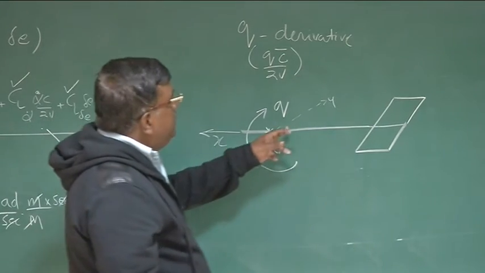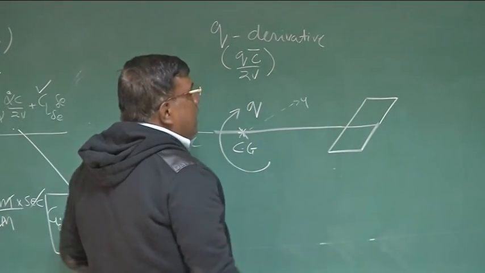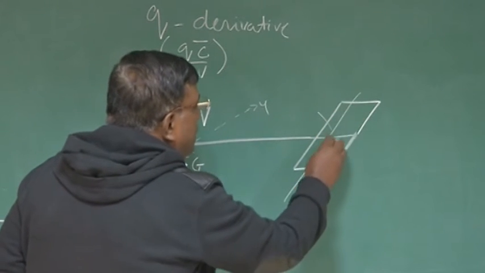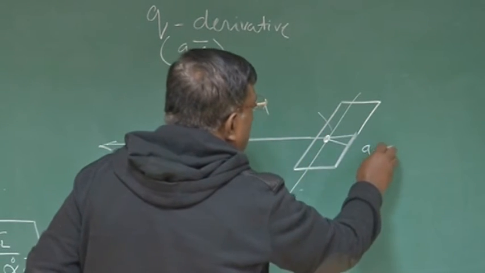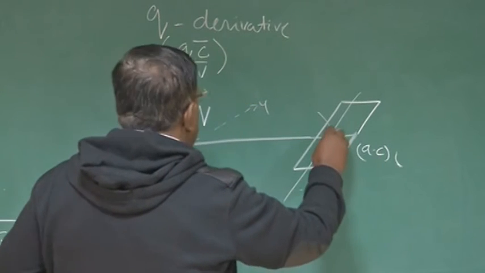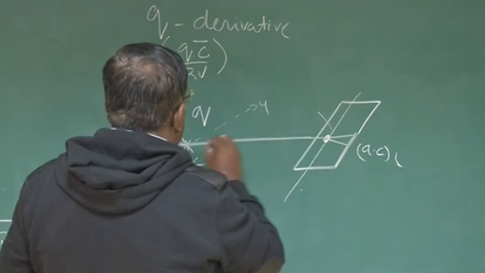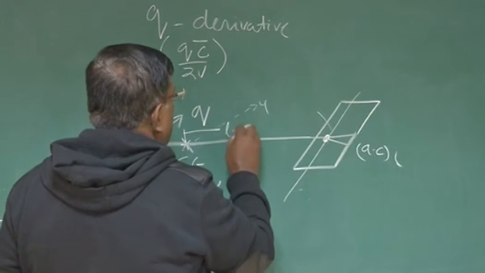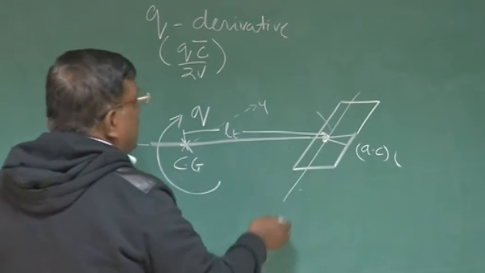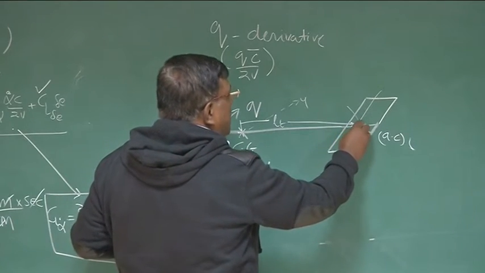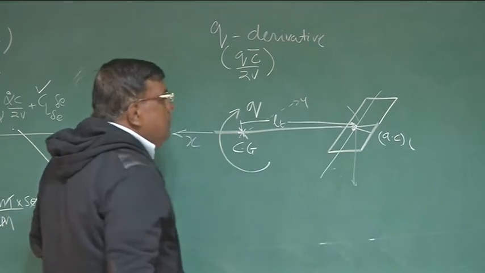Now the moment it rotates about Q, what happens? This tail goes down. Let's say the AC of this tail is somewhere here, and this length, you know by now, is LT. If this is going with Q, what is the speed at which this point will go down?